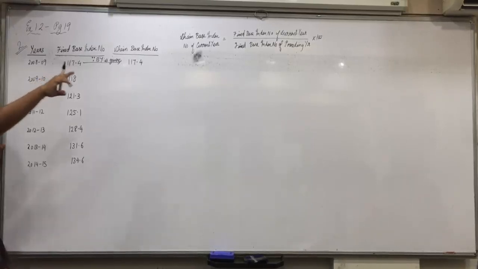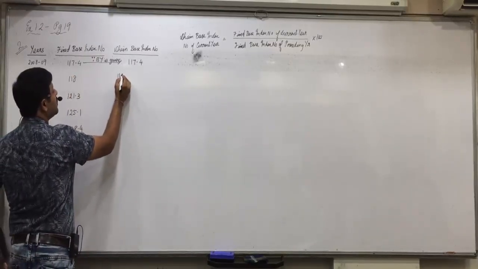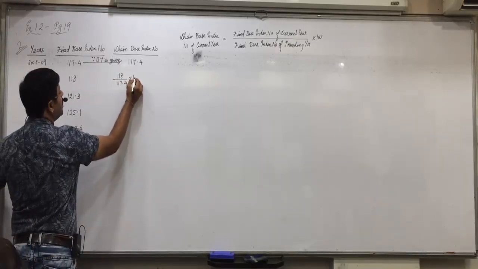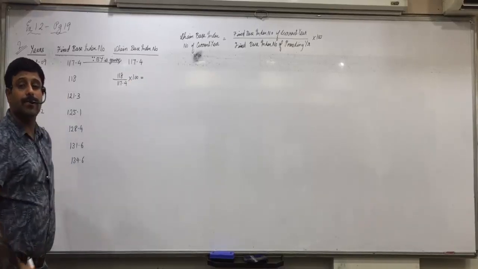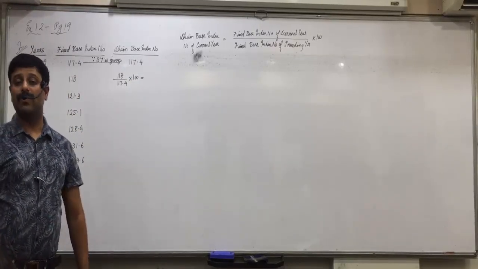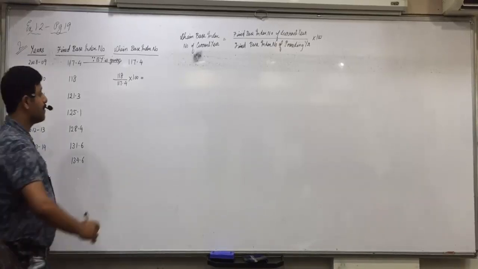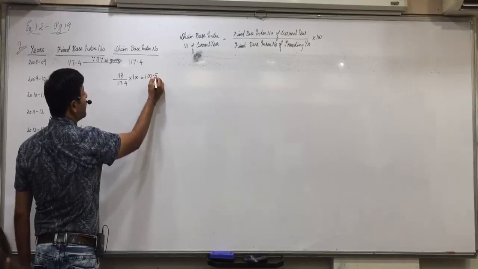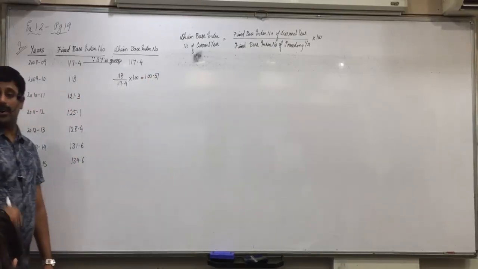Now we apply this formula. Current year 118 upon preceding year 117.4 into 100. Any confusion in this? One check, tell me the value. 100.5. Understood? That's for the next.